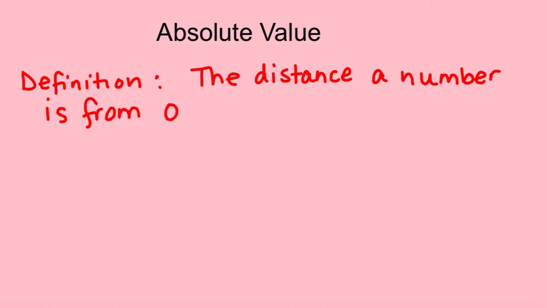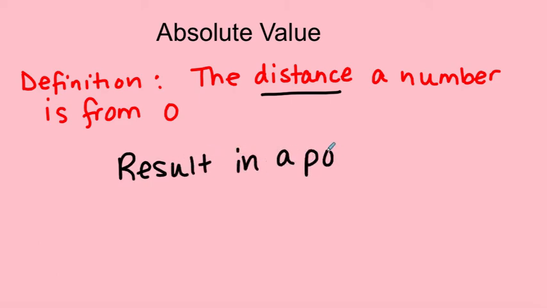Which means that if it's talking about the distance something is from 0, it can only result in a positive, meaning the absolute value, and these are the symbols we use. They look like two bars, and we want them to be a little bit longer than the number, so we don't think that they're like an L.